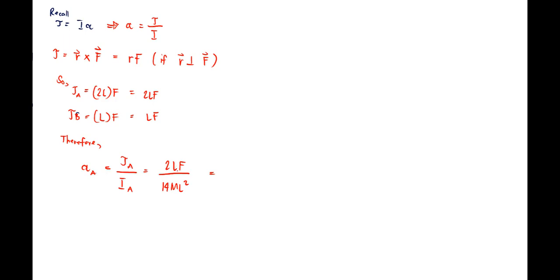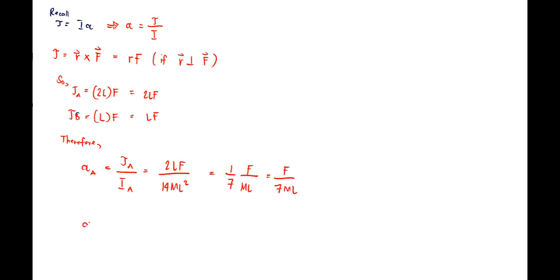You have L here cancelled out, and then we have 2. The remaining in the denominator is 7. So you have 1 over 7 multiplied by F over ML, or this is just equal to F over 7ML.